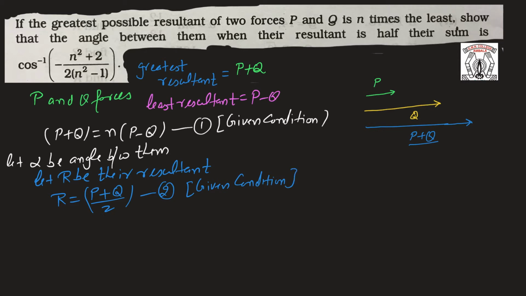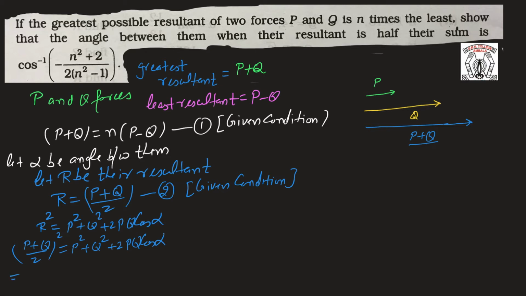So we know that the formula for the resultant is R square equals P square plus Q square plus 2PQ cos alpha. Okay, fine. So I will be substituting the value from equation 2, that is, P plus Q whole square is equal to P square plus Q square plus 2PQ cos alpha.